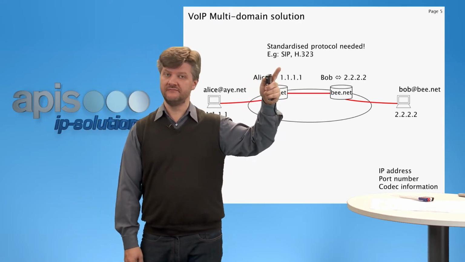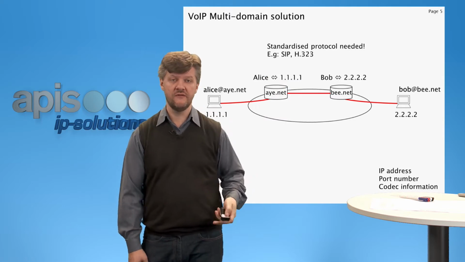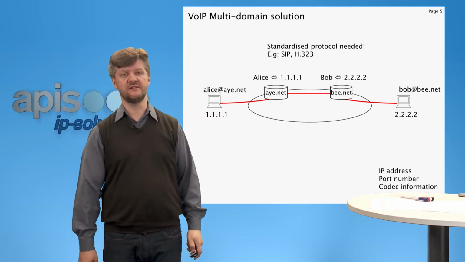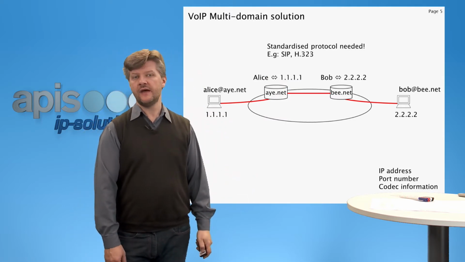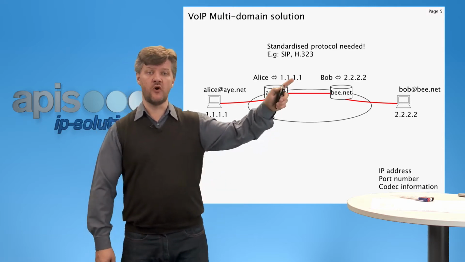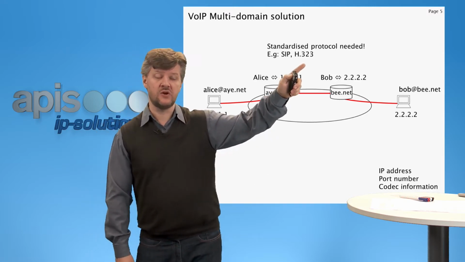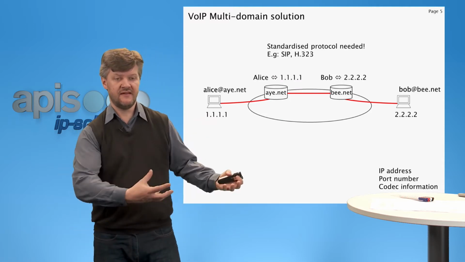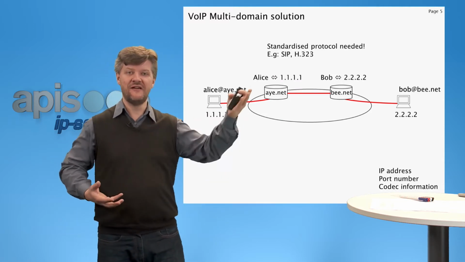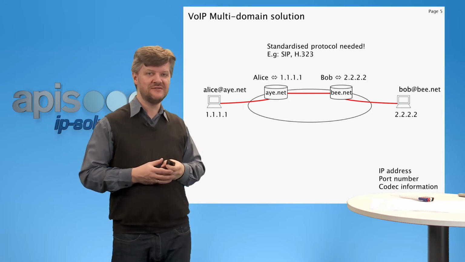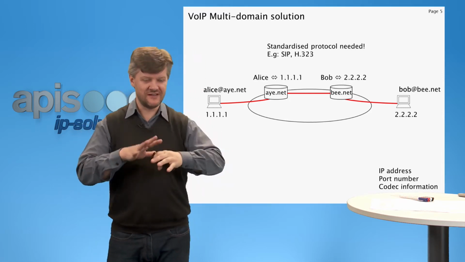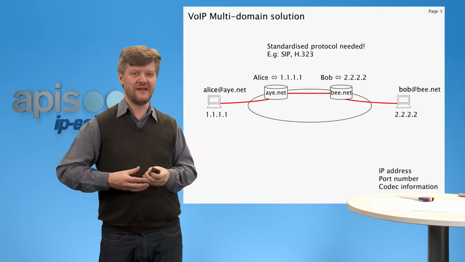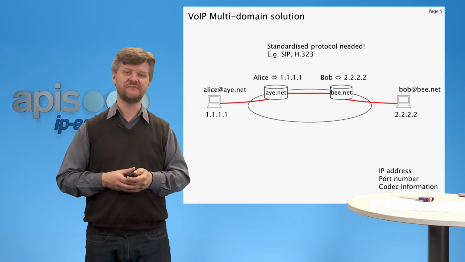SIP, H.323 from ITU, the International Telecommunication Union, which is also a VoIP protocol, and it has been quite a popular VoIP protocol, in fact, but the world is now being taken over by SIP. So the H.323 users is really a diminishing amount of people.